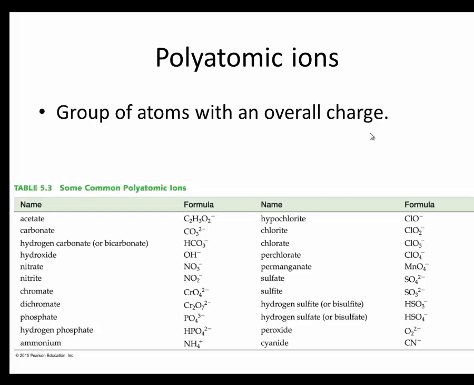Also, the polyatomic ions are all on this table. What that means is don't just make them up. Don't try to make up a new name. If it looks unfamiliar, try to find it on the table and see which one it is. What do you need to know about this table?